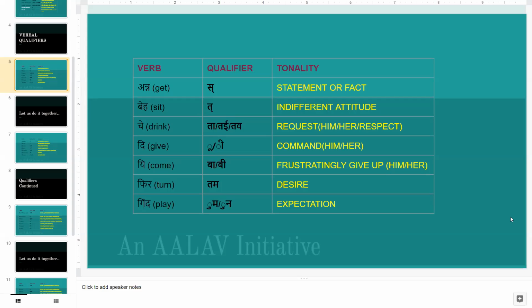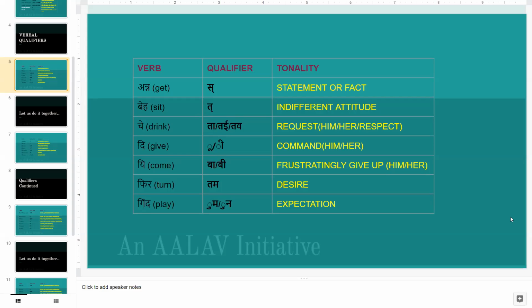So he says, hey, antam Maggie, please go get it for me. It's a desire. And then the last one is expectation. Anum. So that is expectation.